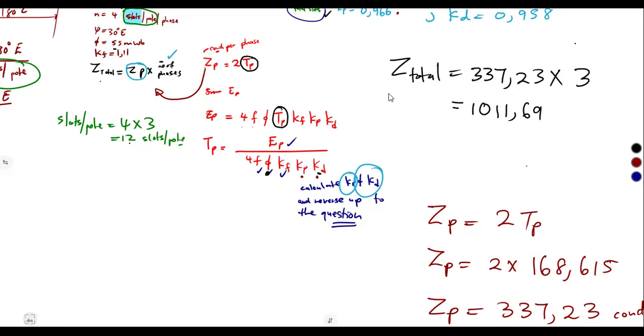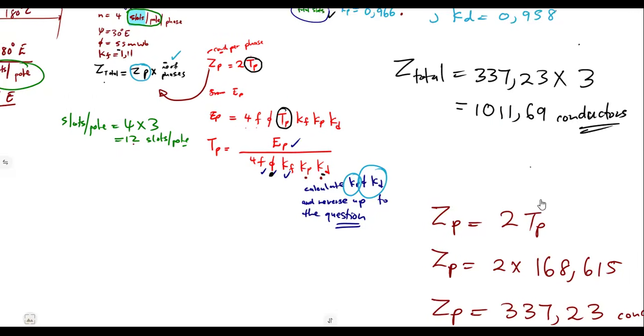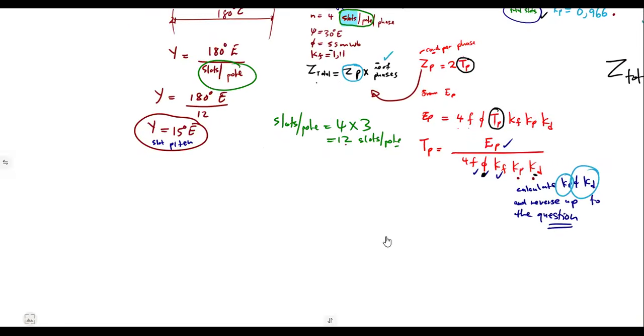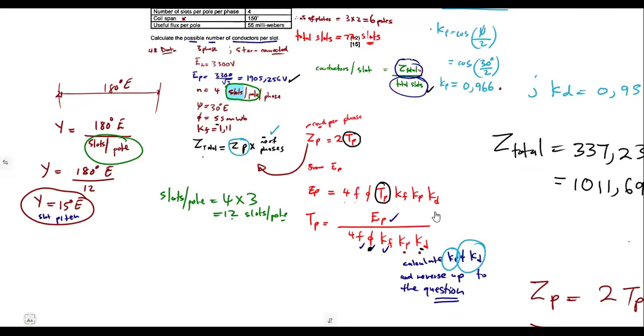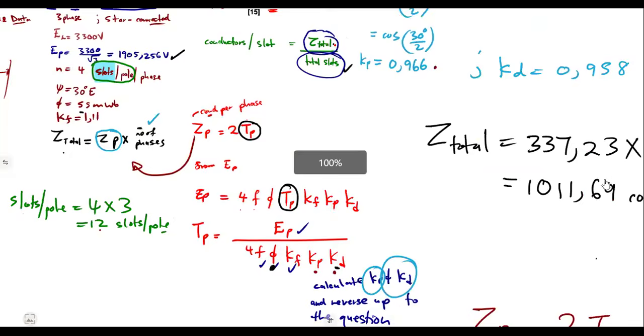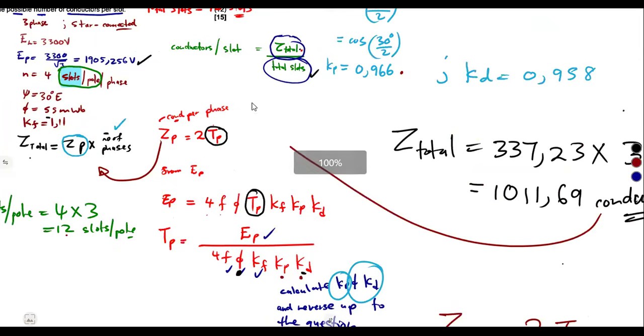We are dealing with total conductors in this case, not conductors per phase. There is no per there. Where do we need this? Remember, the total here is the one that we need on our major formula, the question, calculating conductors per slot.